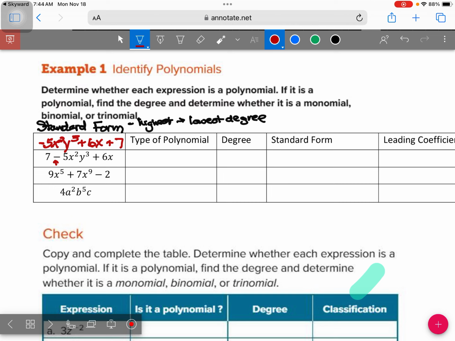How many terms do you see for that polynomial? 3 terms, right? Here's 1. It's separated by addition. Here's 2, separated by another addition, 3. So a 3-termed polynomial is called a trinomial.